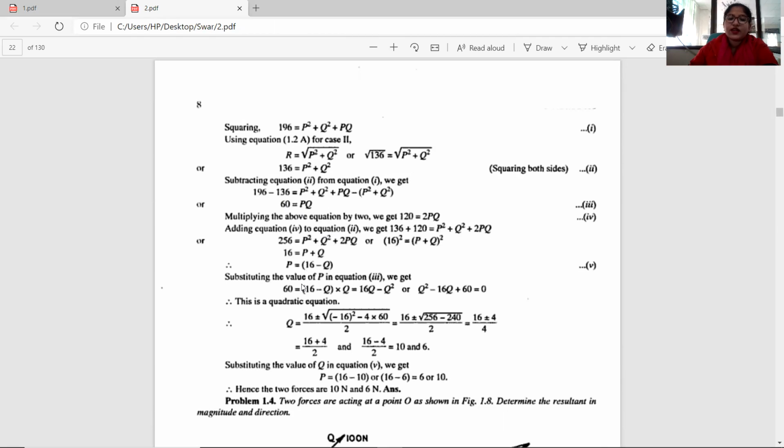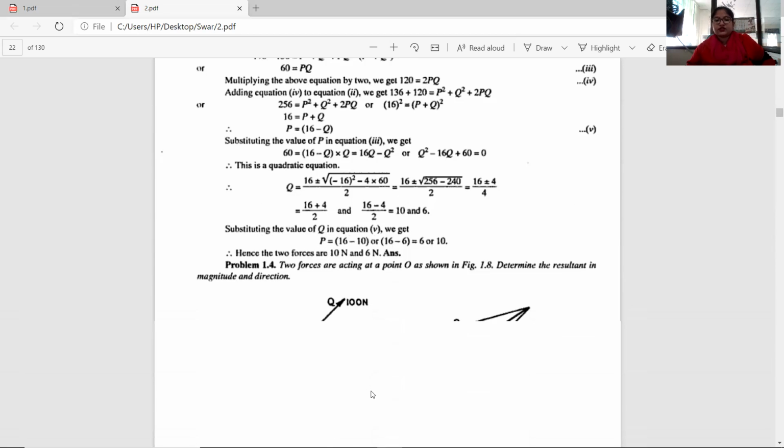Put this p value in the equation: 60 equals 16 minus q, multiplied by q. Then q by the quadratic formula is 10 and 6. Substituting the value of q, p will be 6 or 10. So my two forces are 10 newton and 6 newton.